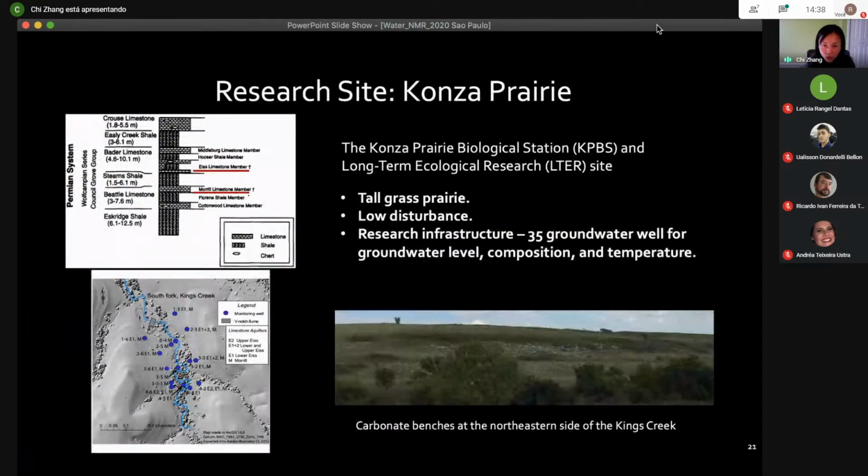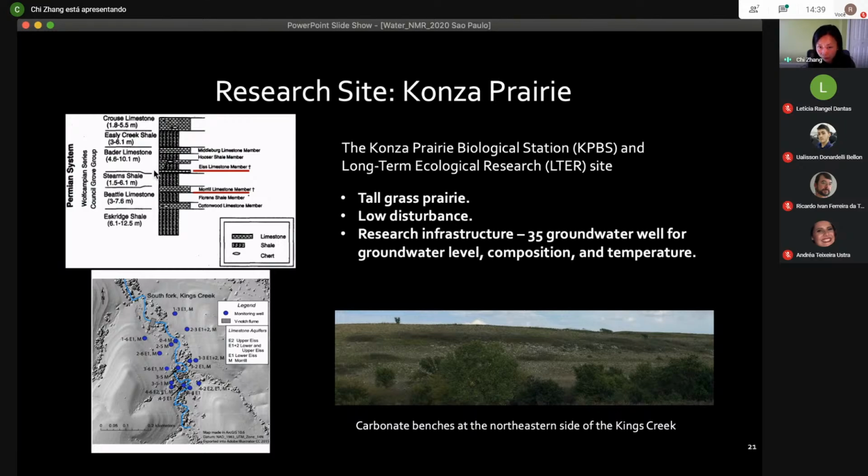So let me take you to this research site. As I mentioned, this one is a tall grass prairie, has low disturbance and a very rich research infrastructure, with over 35 groundwater wells for groundwater level and temperature monitoring, and has been collecting hydroclimate data for at least the past 3 decades.